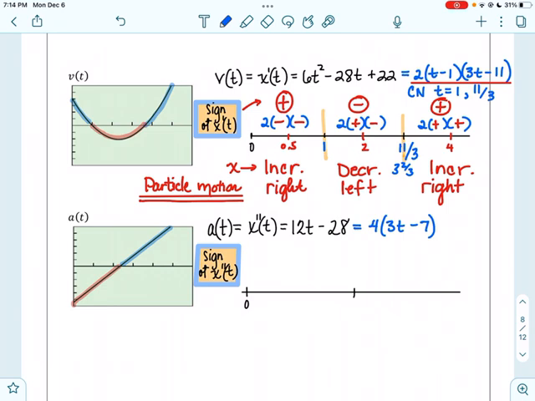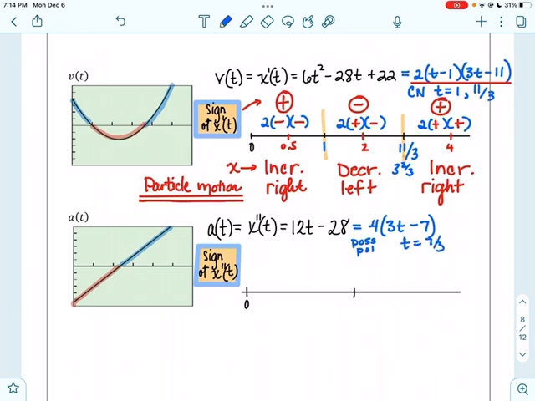So possible POIs, I like to call them because you recognize it, but this is acceleration. So I'm going to set that equal to 0, and t is equal to 7/3.